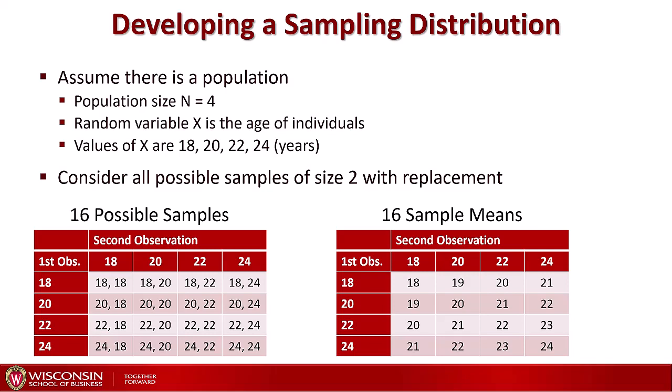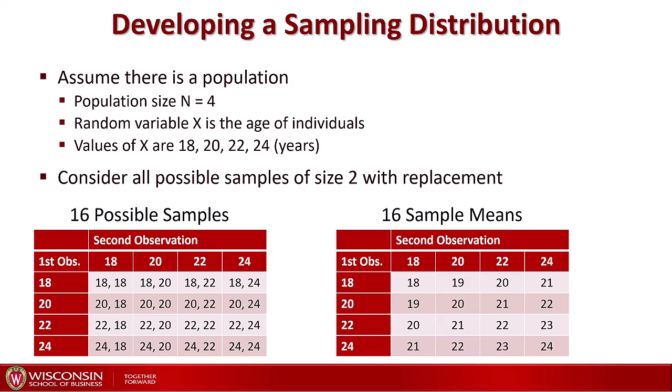And so we take a look at what the distribution of possible samples of size 2 looks like. Well, we can fully enumerate all possible samples since there are only 2 observations within each sample. So if we look at the table on the left, we could start by drawing an individual that was 18, that's the first row.